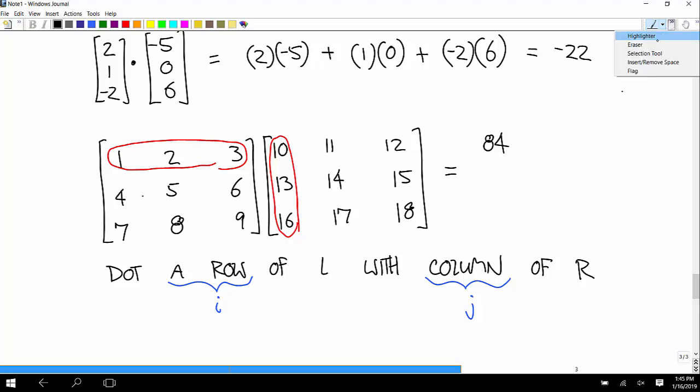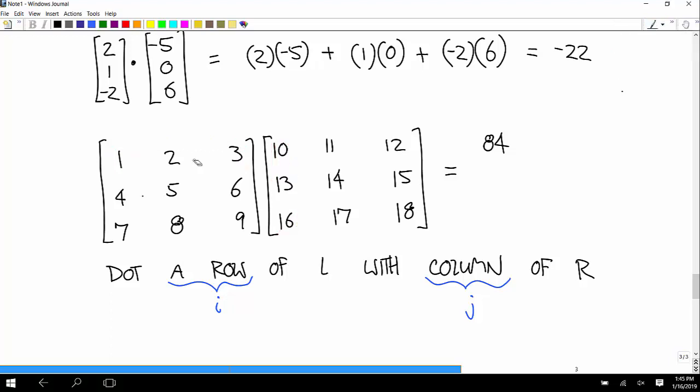Okay, and now we'll go dot product of this with this. Yeah, so 1 times 11, 2 times 14, 3 times 17. Yep. So what's I in this case? 1. What's J? 2.